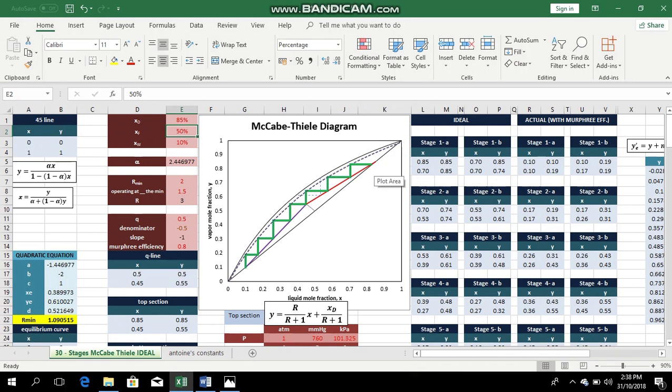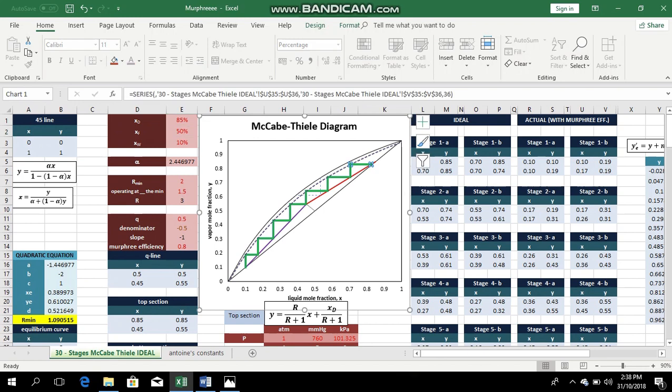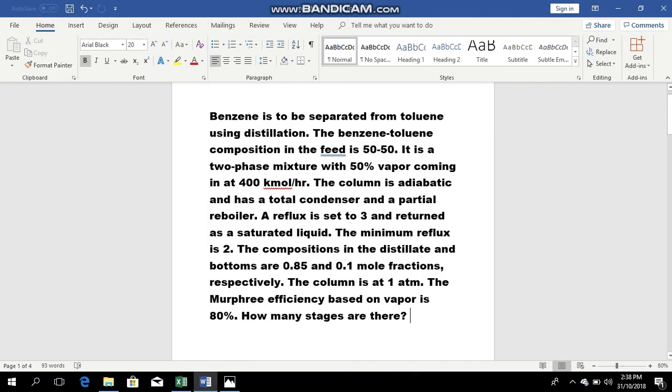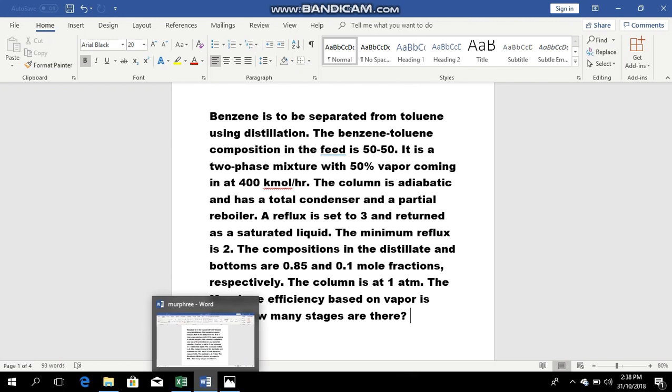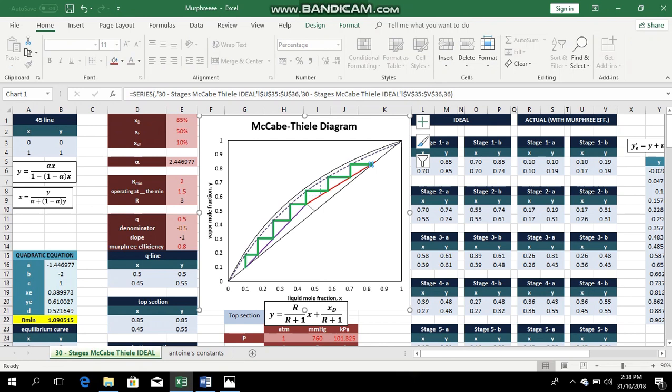And now we will count this line starting from here. We will not include, in some problems, this point is the condenser, but it is stated in our problem that we have a total condenser. So total condenser, we will not include this in the counting of the stages. I mean, we'll start directly here at 1.